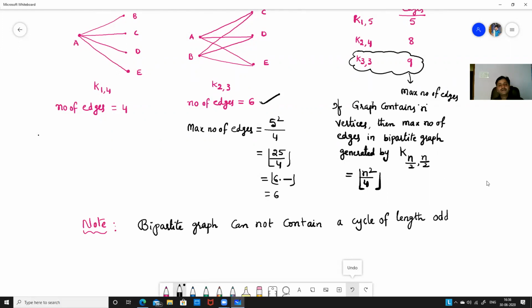Is it clear? Cannot contain a cycle of odd length. Remember that point. A bipartite graph cannot contain a cycle of odd length.